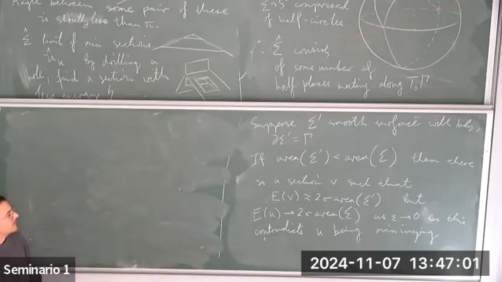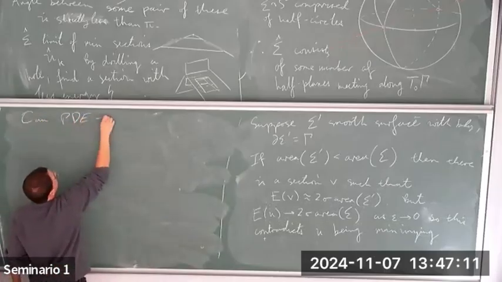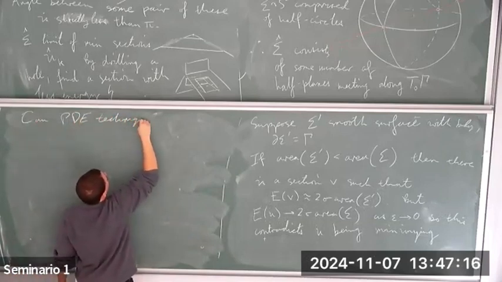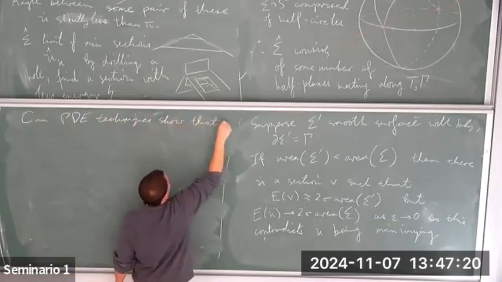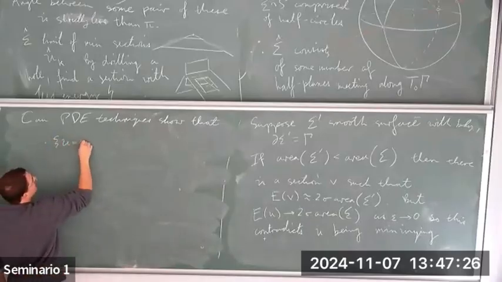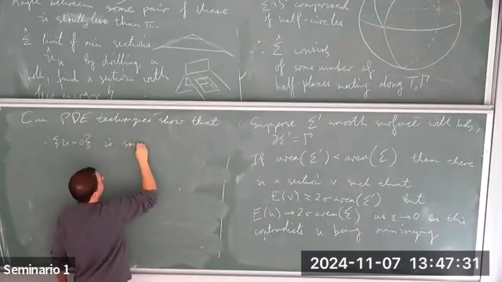So I think it would be very interesting to know whether a similar sort of approach can be applied here. Can PDE techniques show that even before sending epsilon to 0, the zero set of that section is smooth up to the boundary?